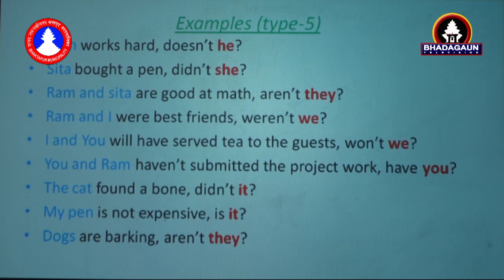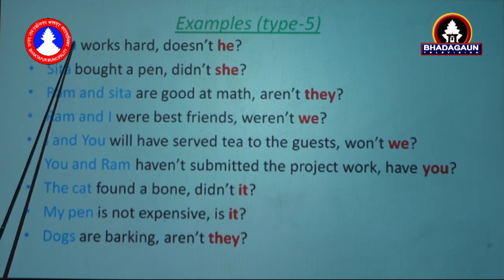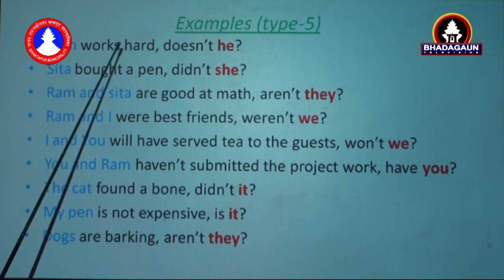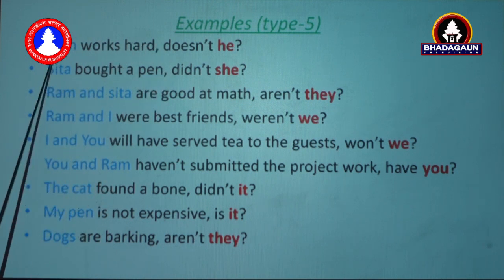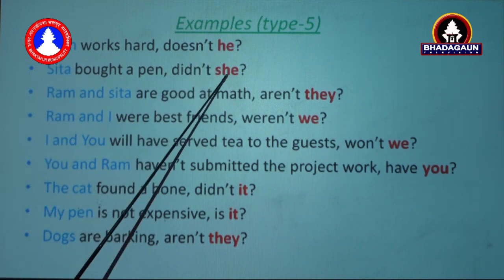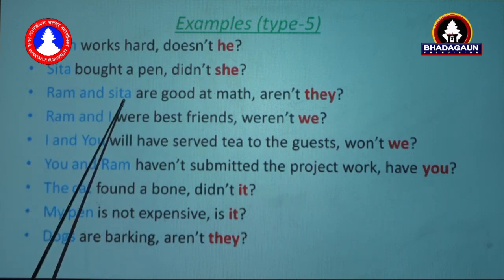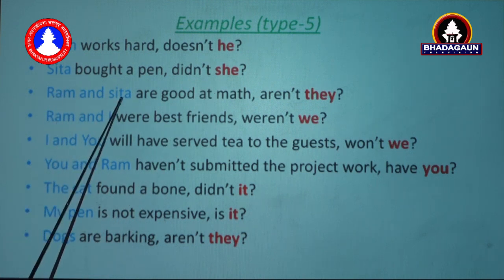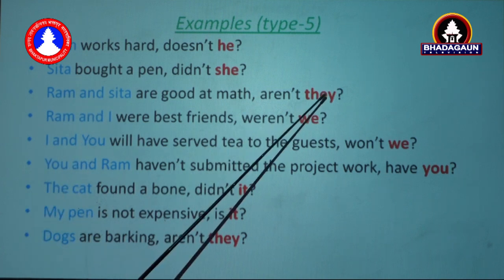Here a pronoun is not given as a subject. Here is Ram. If the word Ram is given here, we need the pronoun to add the tag. Ram means male, that's why we use he. Sita, she. Ram and Sam, third person plural, they.